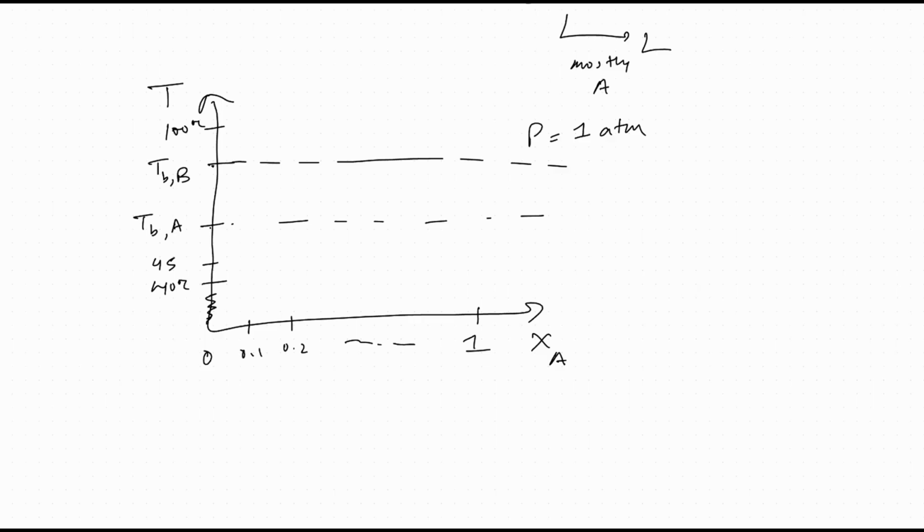And as we increase the portion of A, the overall boiling temperature is going to decrease, such that once we reach 1, it becomes 100% A, means that we're going to switch to vapor once we've hit TBA. Draw the blue line very similarly.